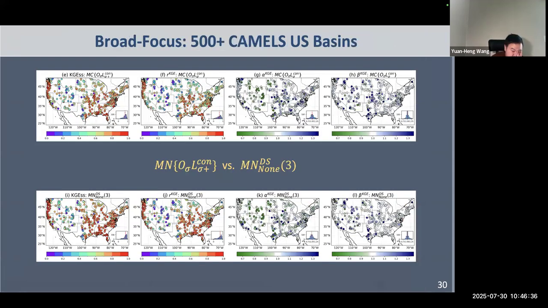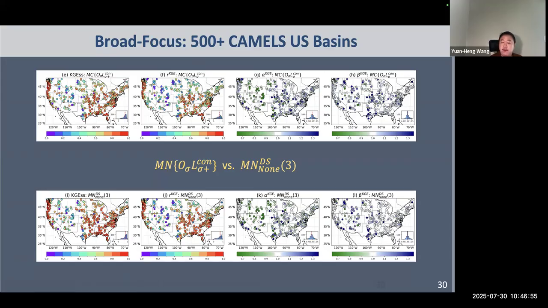Okay, so this is one of the reviewer suggestions: to test on multiple locations. So here I took the CAMELS US 513 catchments from water year 1982 to water year 2007.